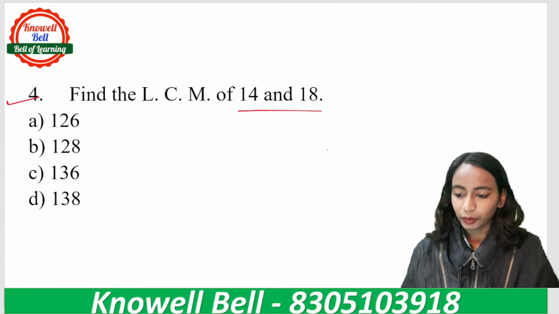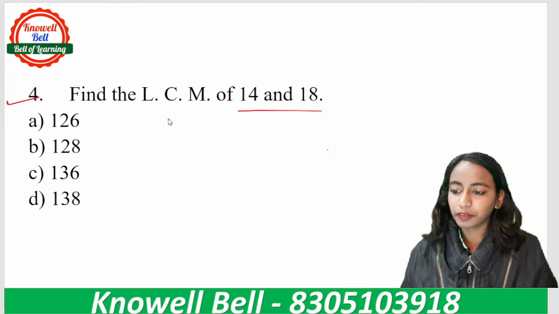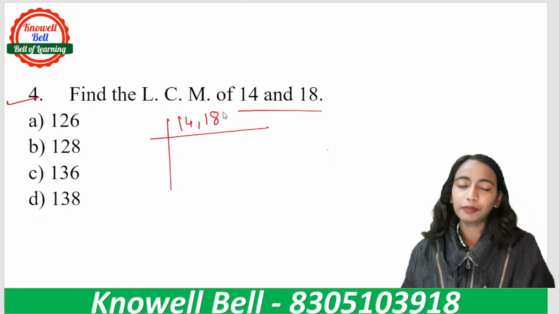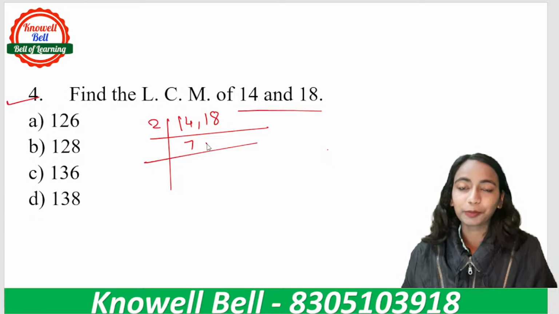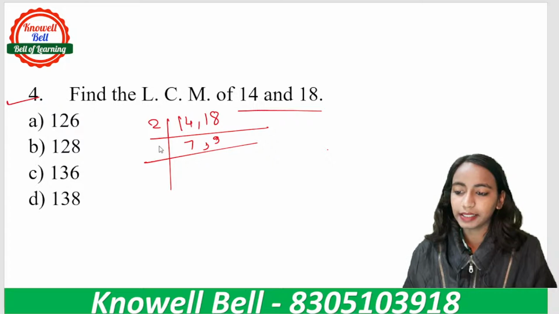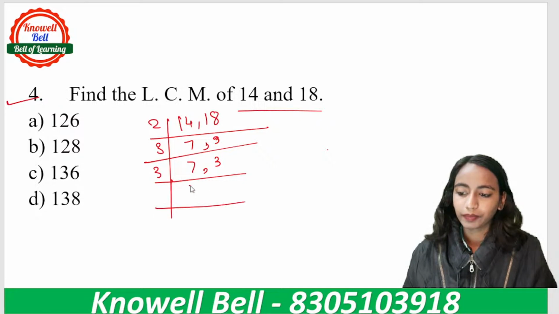Okay, so how can we do it? We have to find the LCM of 14 and 18. Have a look, Ashi. I'm explaining the process. 2 sevens are 14, so it will be 2. 2 nines are 18, then you can go with 3. This would be 7. 3 threes are 9. 3, 7, 1 and 7.